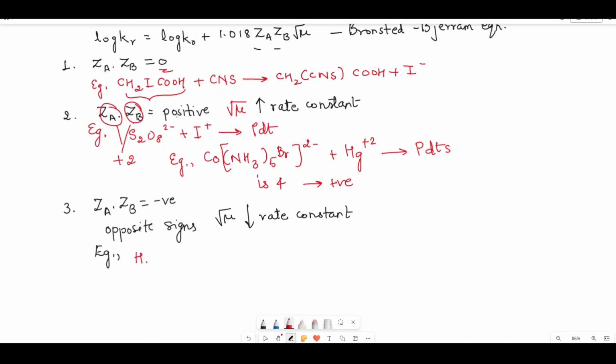Peroxide H2O2 plus H plus plus Br minus, we get the products. For this reaction, ZA ZB will be equal to minus 1. One more example let us take of cobalt complex.